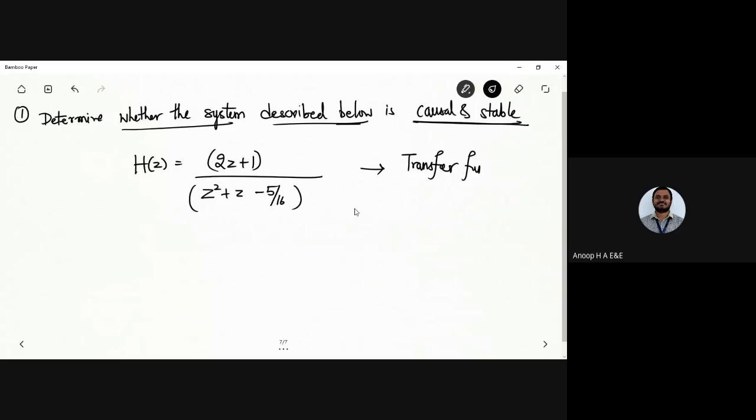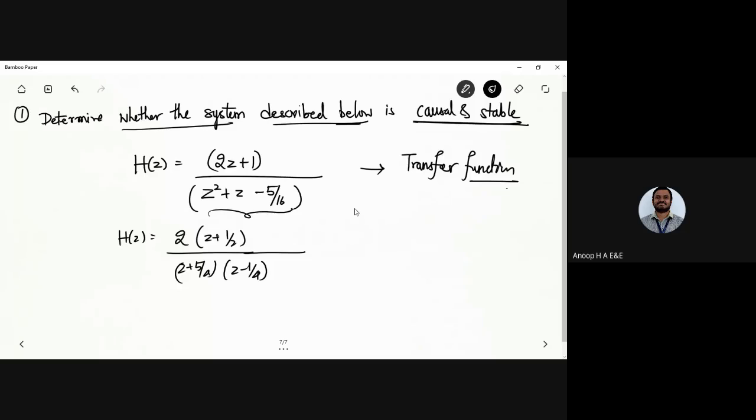H(z) is equal to 2 times (z + 1/2) over the denominator. Why am I making this change? If I take 2 common, the numerator becomes z + 1/2. Now you need to factorize the denominator, and you will get (z + 5/4) and (z - 1/4).